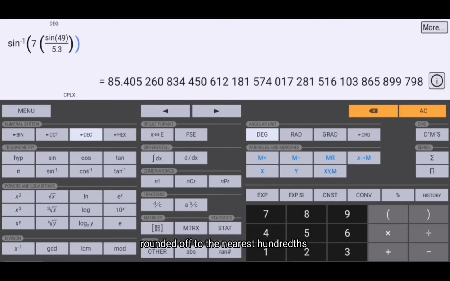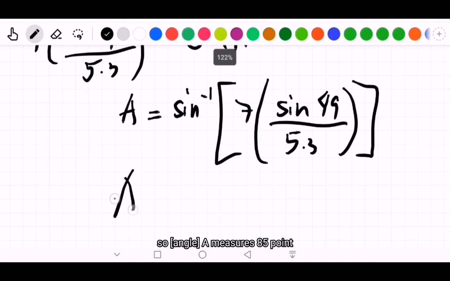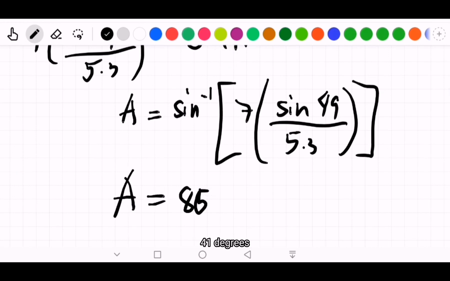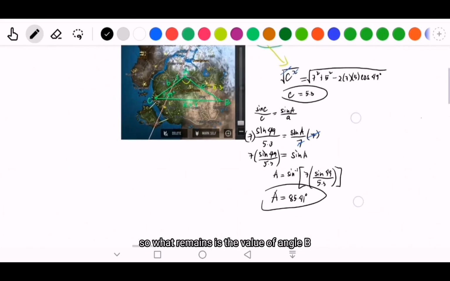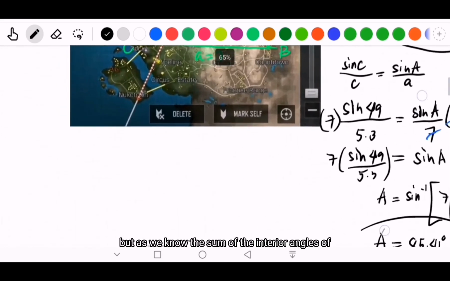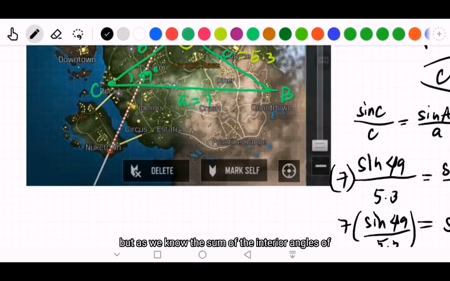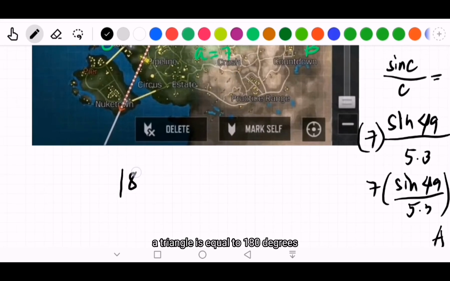rounded off to the nearest hundredths. So A measures 85.41 degrees rounded off to the nearest hundredths. What remains is the value of angle B, but as we know, the sum of the interior angles of a triangle is equal to 180 degrees.